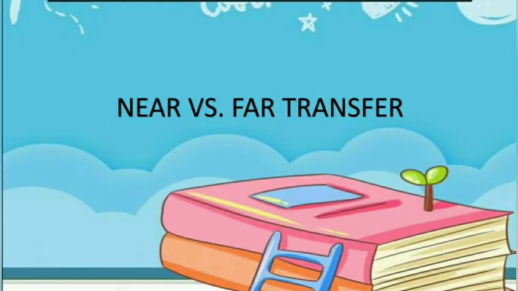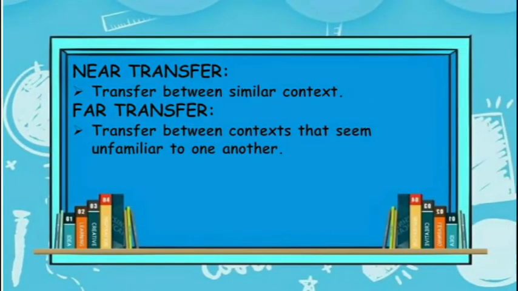Then now, let's tackle near versus far transfer. Near transfer is a transfer between similar contexts. For example, a student took a first MATLAB course in college and relied on his or her previous high school experiences of programming in Pascal.